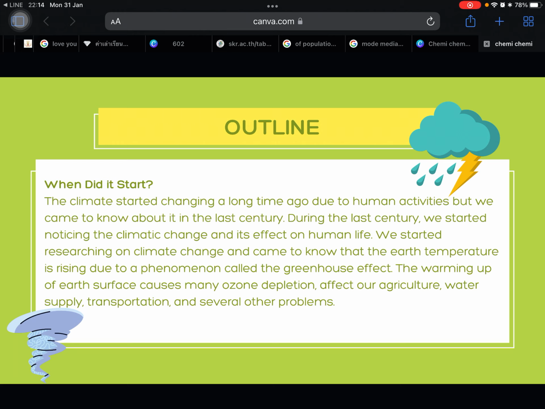We started researching climate change and came to know that the Earth's temperature is rising due to a phenomenon called the greenhouse effect. The warming up of Earth's surface causes ozone depletion and affects our agriculture, water supply, transportation, and several other problems.